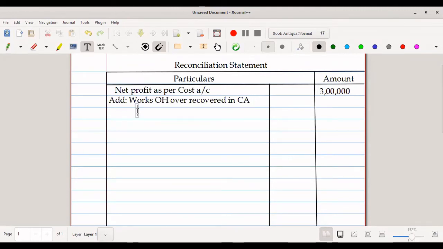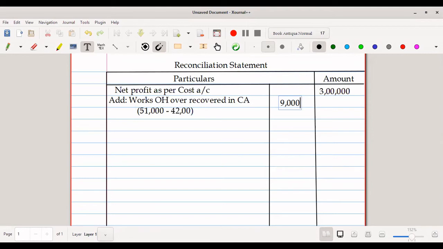So what is that difference? That is 51,000 minus 42,000. So the difference will be 9,000. So take it in the inner column, rupees 9,000.